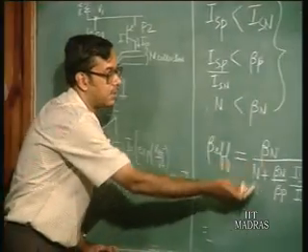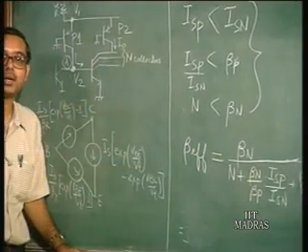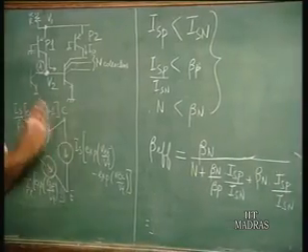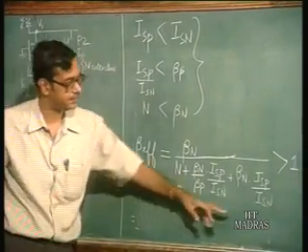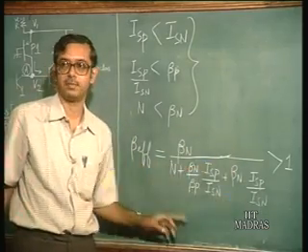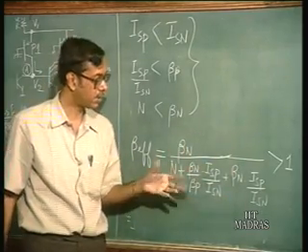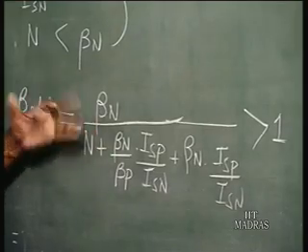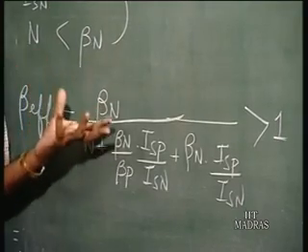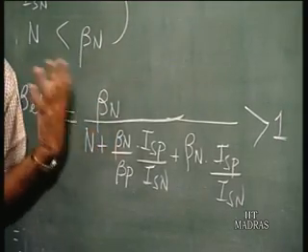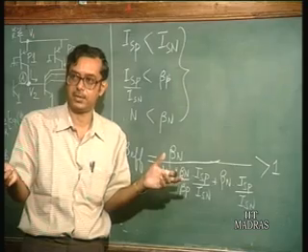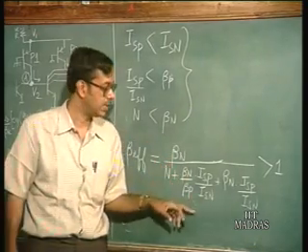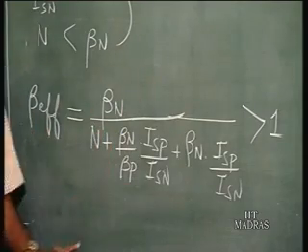So, this n is coming because of the large number of collectors, and the remaining terms in this beta effective expression are coming because the PNP transistor at the base is actually going to saturation, which means that the current sources at the collector and the base have different values, they are not the same. So, this is effectively modifying that expression.